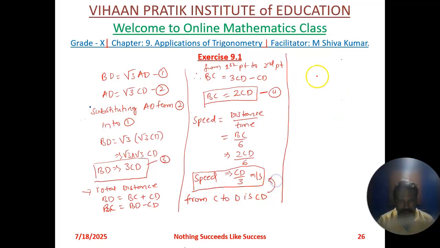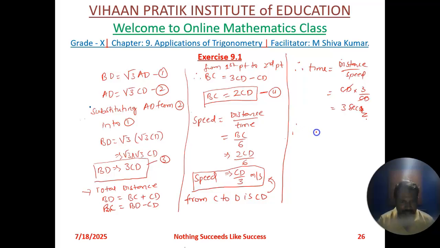Therefore, time equals distance by speed. Now here the distance is CD. Speed is CD by 3. Reciprocal is 3 by CD. So CD cancels. So we get 3 seconds as the answer.